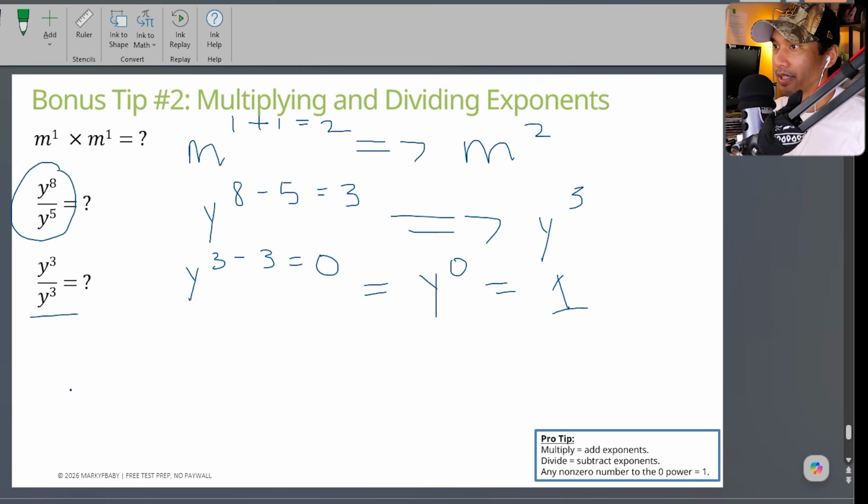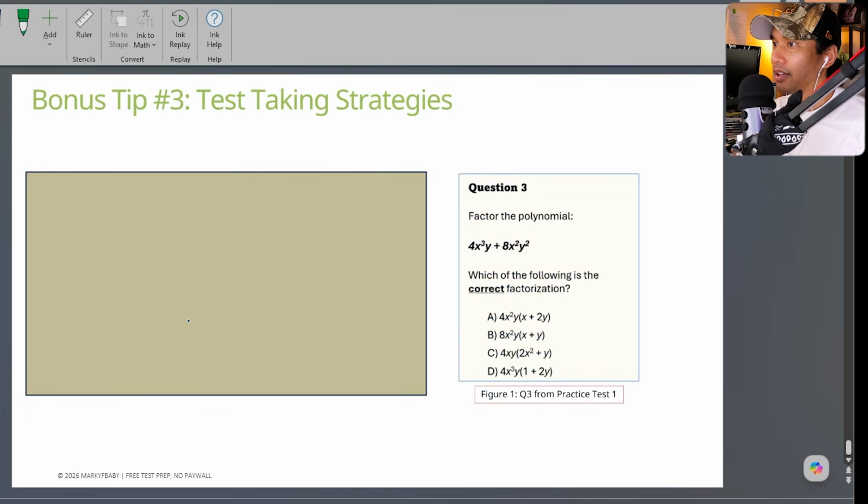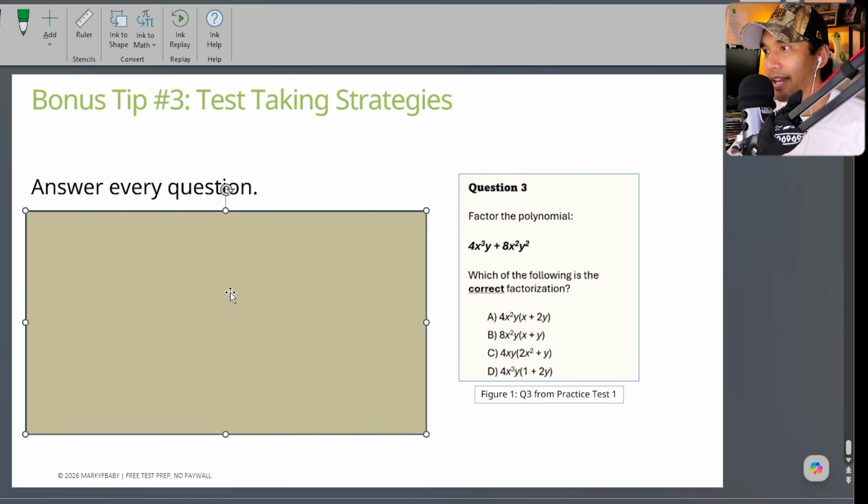And the last skill, or the bonus tips, test taking strategies, okay? And we're just going to go down the list really quick. So, answer every question, okay? The test will be tallied up on how many you get right, not how many you get wrong, okay?